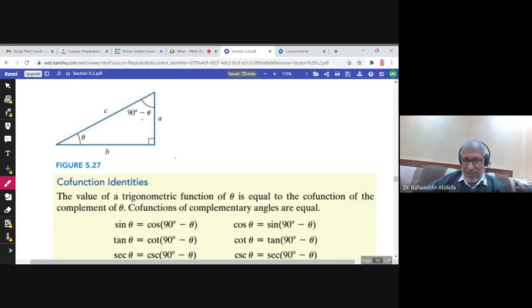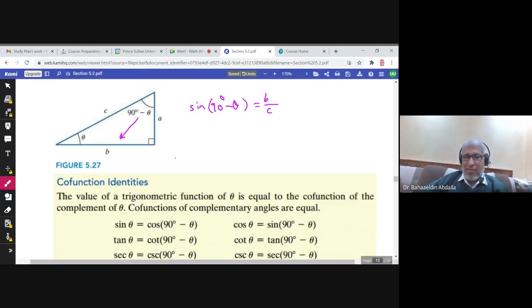If I ask you to find sine 90 minus theta, what is the definition of sine? The opposite over the hypotenuse. What is the opposite? It is b. What is the hypotenuse? It is c. Okay, now this is the sine of this angle.